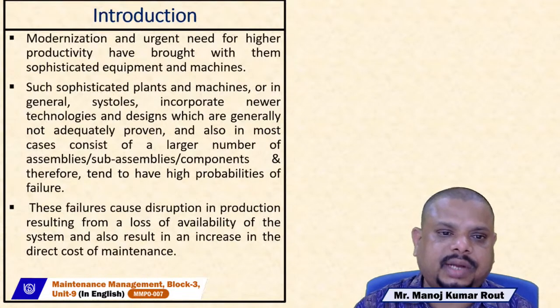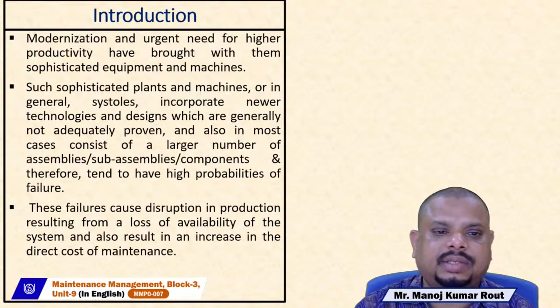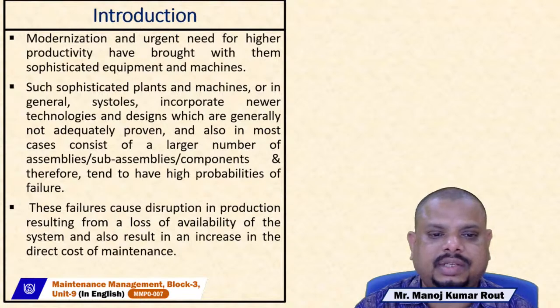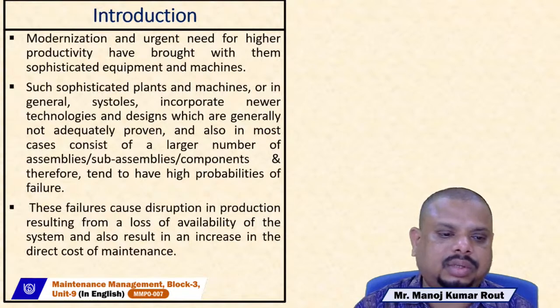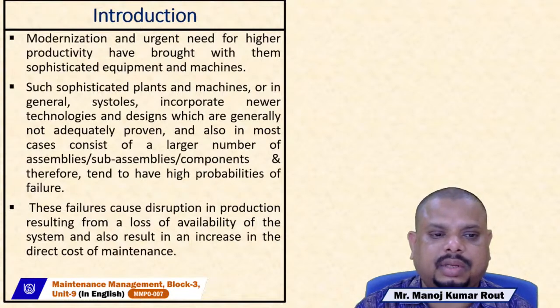For sophisticated plants and machines, in general, the systems incorporate new technologies and designs, which are generally not adequately proven, and in most cases consist of a large number of assemblies, sub-assemblies, and components. Therefore, that tends to a higher probability of failures.